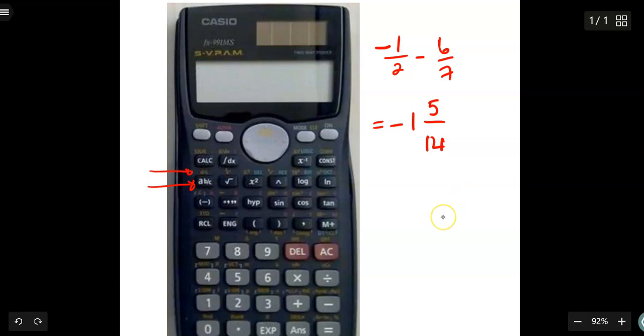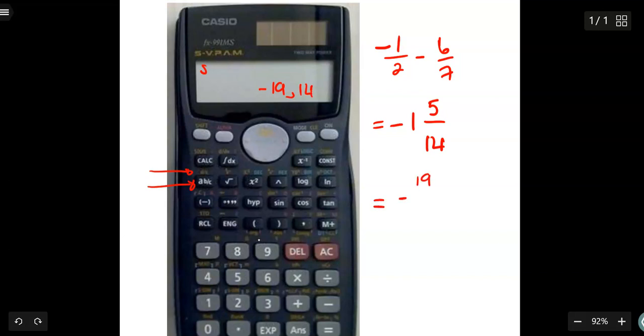So then what I do is I press the shift key. With the shift key I will see an S. And then I press this key again, this key right here. So I press that. You see that it gives you negative 19 with that as the denominator.